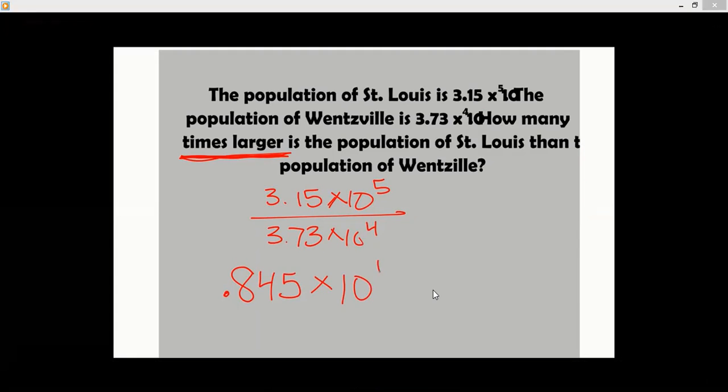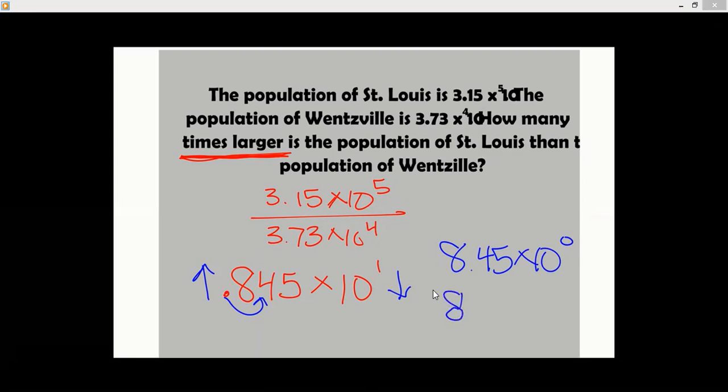So we have to rewrite 0.845 times 10. What we have to do to write this one in scientific notation is 8.45, decrease the 10 by 1, so it will be 10 to the power of 0. Why? Because once you move to the right, you decrease the exponent by 1, so it will be 10 to the power of 0.